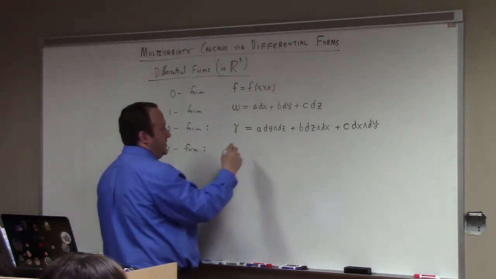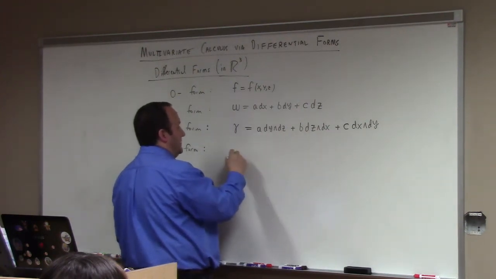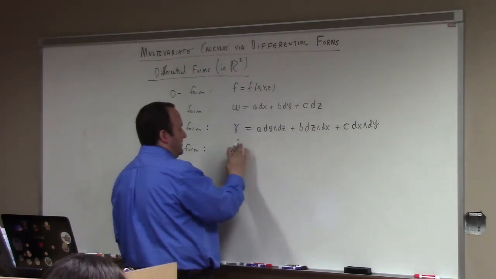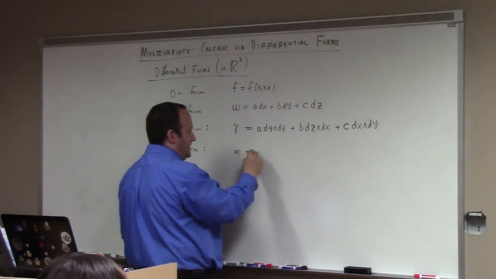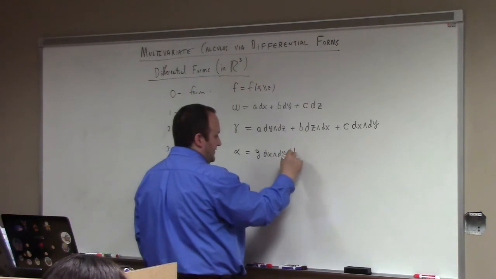And then we could have a 3 form. Let's say alpha, which would be something like g times dx wedge dy wedge dz.